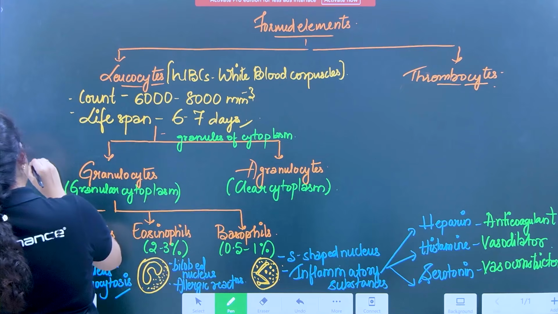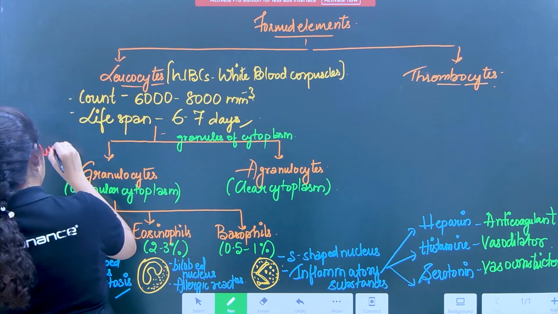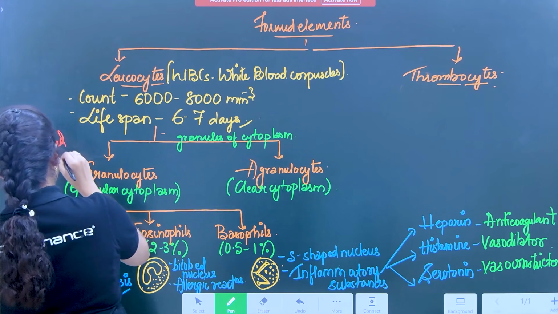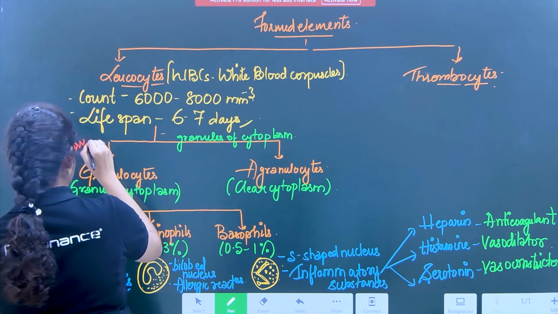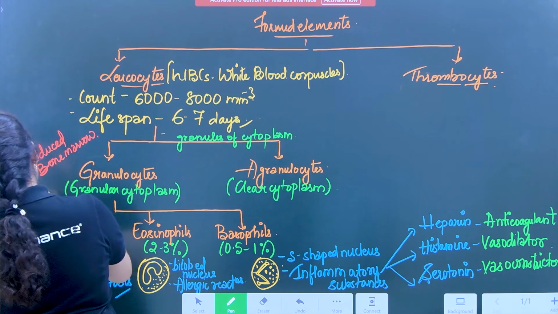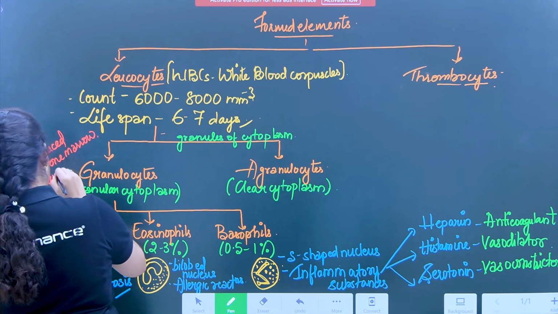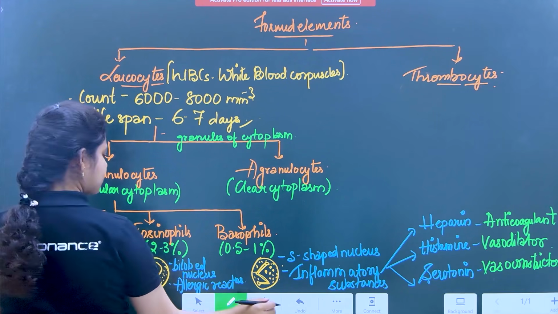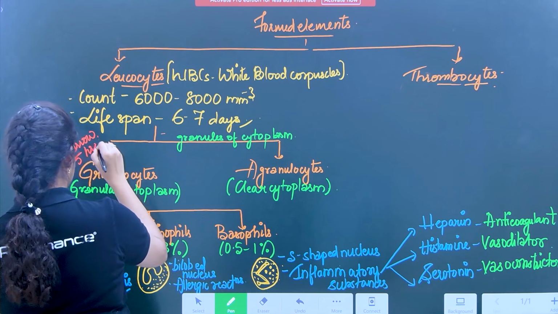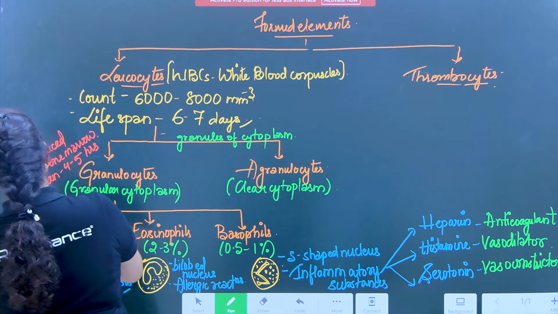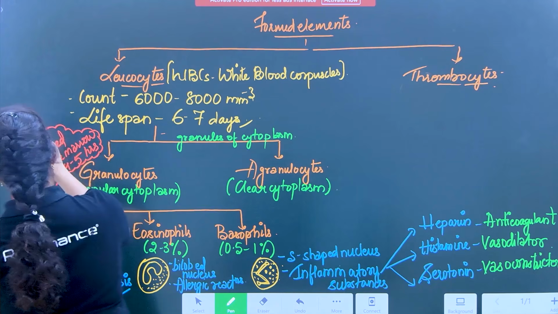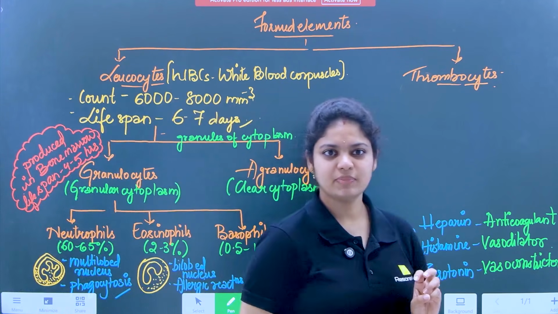Granulocytes are produced in bone marrow. And their lifespan is 4 to 5 hours. How much is their lifespan? Only 4 to 5 hours. Is it clear?